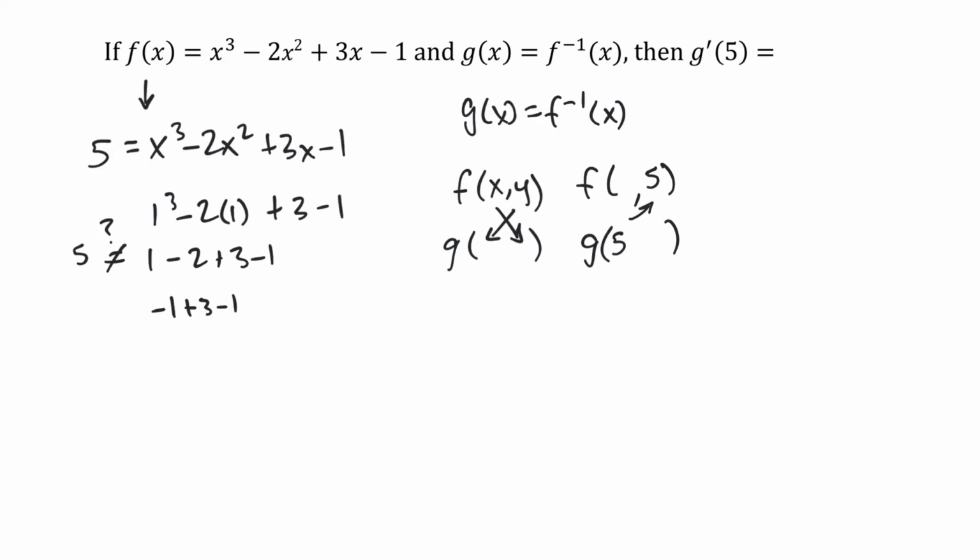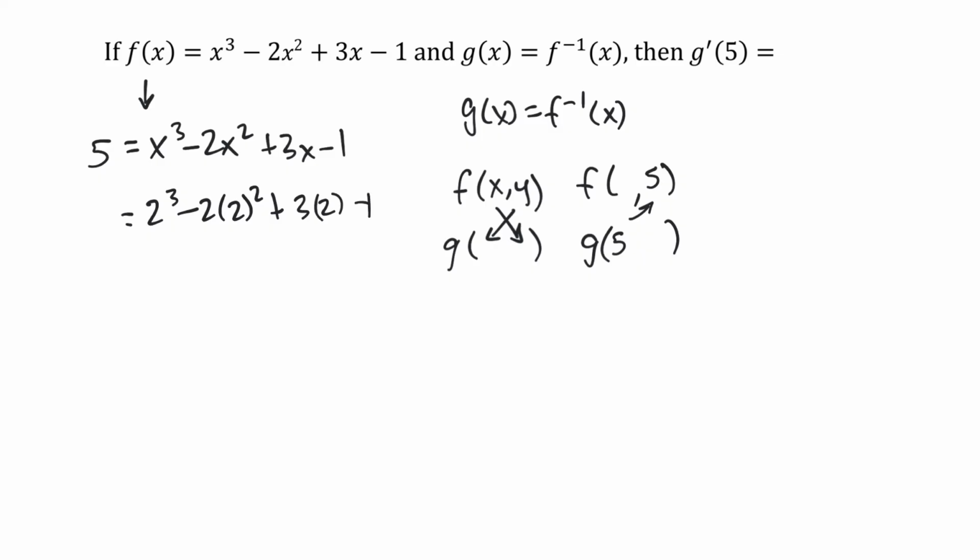You could choose the negatives, but having looked at this already, try 2. 2 to the third minus 2 times 2 squared plus 3 times 2 minus 1. This is going to be 8 minus 8 plus 6 minus 1. These cancel, and so that's 5 equals 5. So, yes, that is 2.